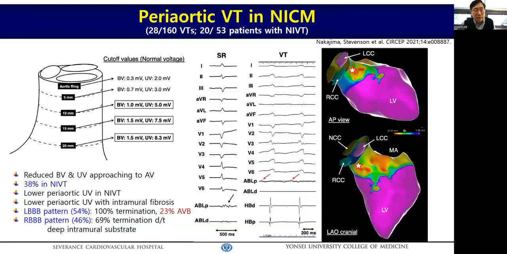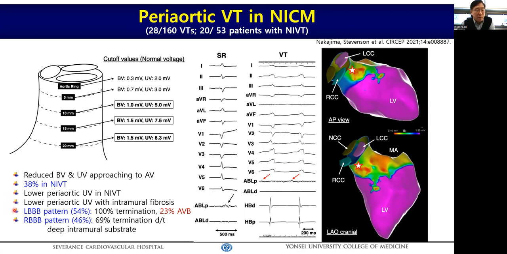Stevenson reported sophisticated mapping of peri-aortic VT in patients with non-ischemic VT, and peri-aortic VT substrate was mappable in 38% of non-ischemic VT. Moreover, the proportion of VT showing LBBB and RBBB pattern was half and half.